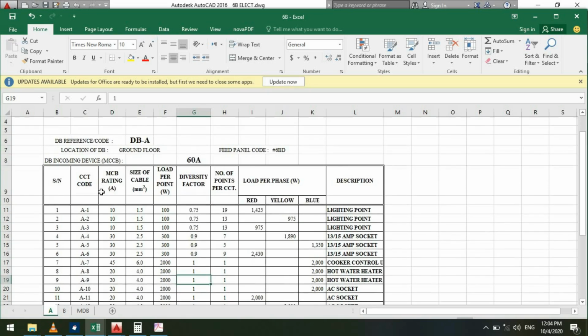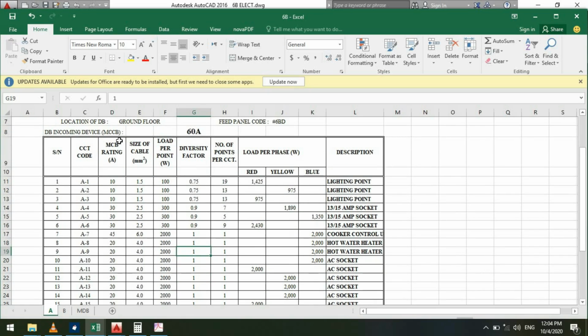And the next section is the cable sizes. As we all know, cable size is a factor of the load, likewise the voltage drop, and sometimes the temperature of such an environment. But the way we do it for our table here is that we select the standard maximum cable from the MCB rating.